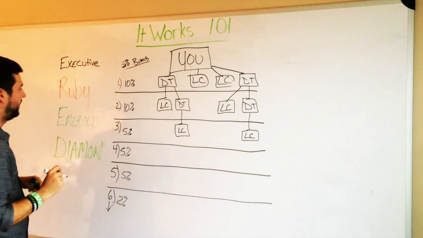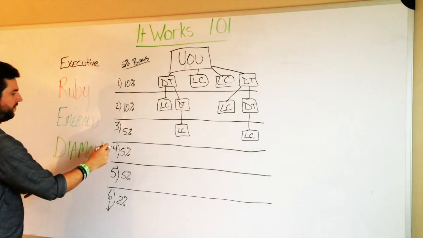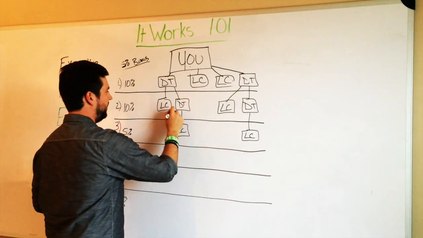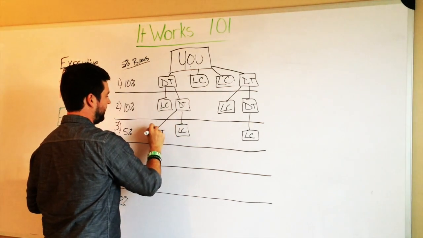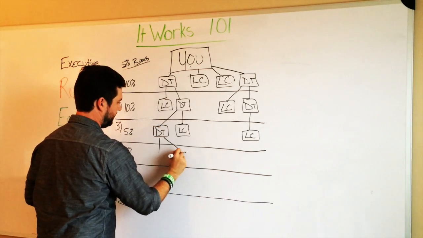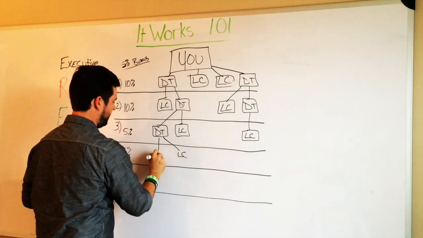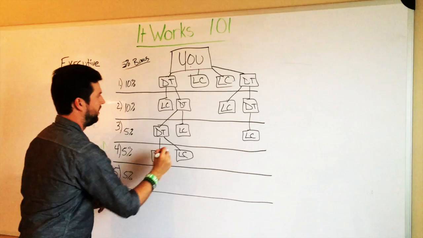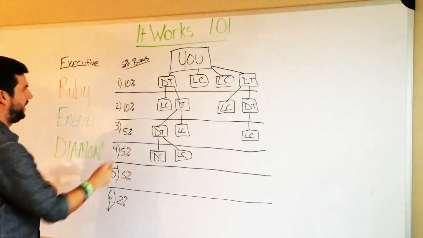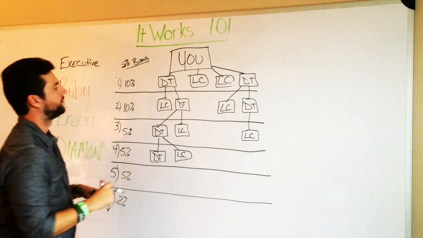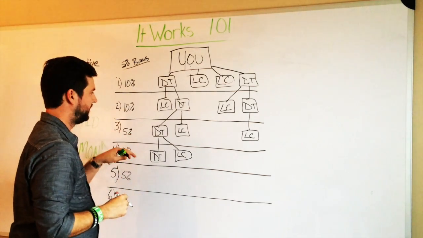So now you hit Ruby, you're going to get the 4th level also. So here, again, let's say this DT got a DT, and then LC, DT. Now as a Ruby, you're going to get paid on levels 1 through 4. So you're going to have 5% on these levels.